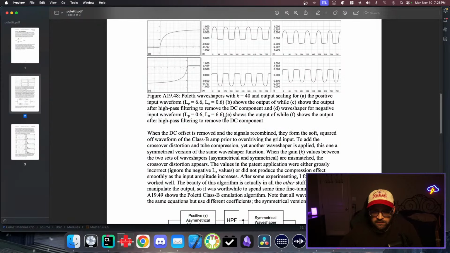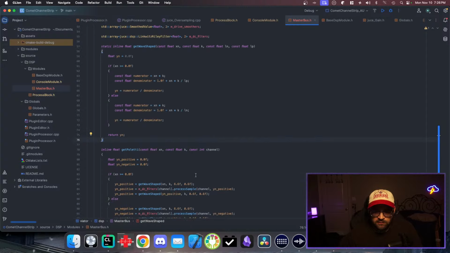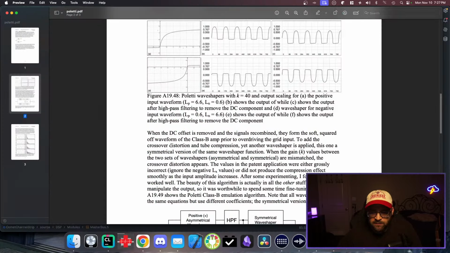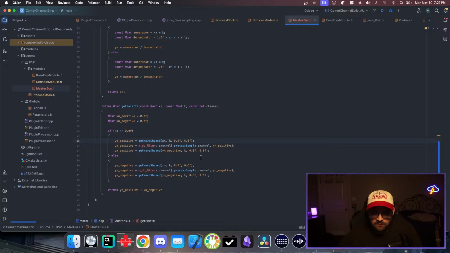LN and LP. LP and LN. Okay. So LP needs to be 6.6, which is the last one. So, okay. 6.6. Now, does that mean both of them need to be the same?